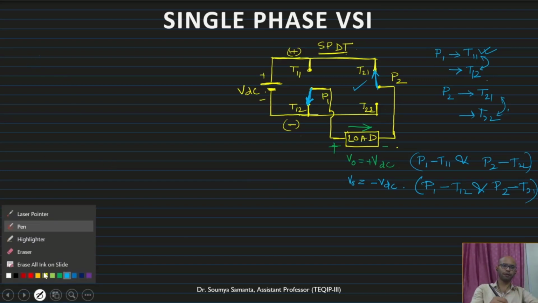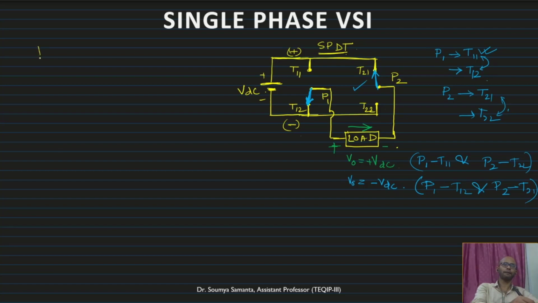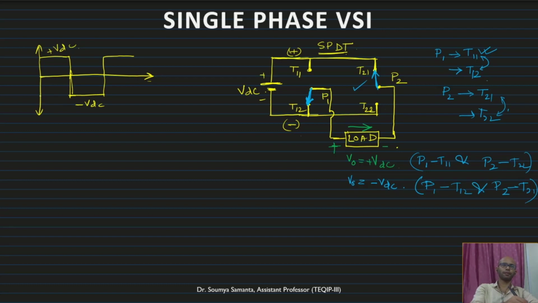If I draw it, for first half cycle we are getting plus VDC, and then remaining half cycle we are getting minus VDC, and this continues.